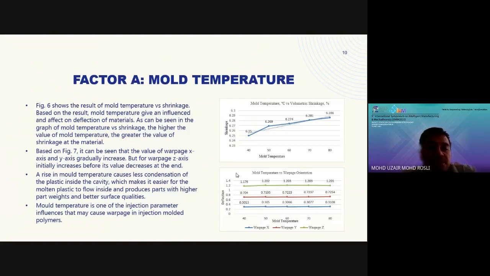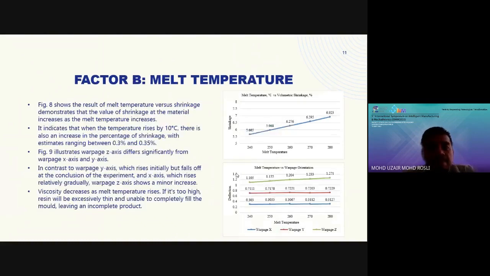A rise in mold temperature causes less condensation of the plastic inside the cavity, which makes it easier for the melted plastic to flow inside and produce parts with higher part weight and better surface qualities. So we can conclude that the mold temperature is one of the injection parameters that may cause warpage in the injection molded polymer. And then we move to factor B.